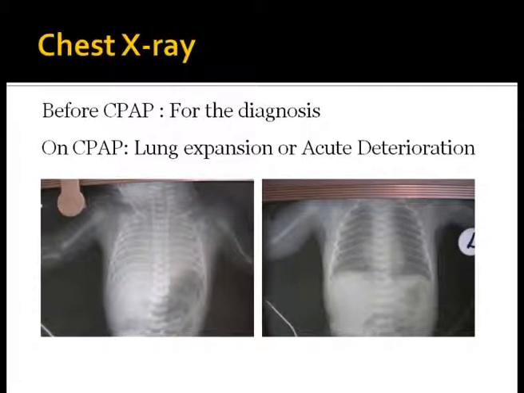An X-ray before putting the baby on CPAP will help in determining the diagnosis, while an X-ray after a little while on CPAP will help to determine lung expansion. It should show 6 to 8 posterior ribs on both sides. Subsequent X-rays are required at the time of acute deterioration or as per individual need.